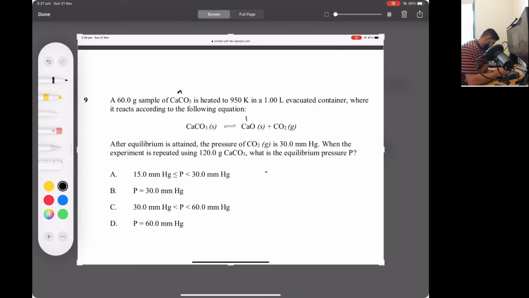So when I looked at 120 grams, I thought that double the amount of moles would be produced in the same 1 liter evacuated container. So I thought the answer would be D.